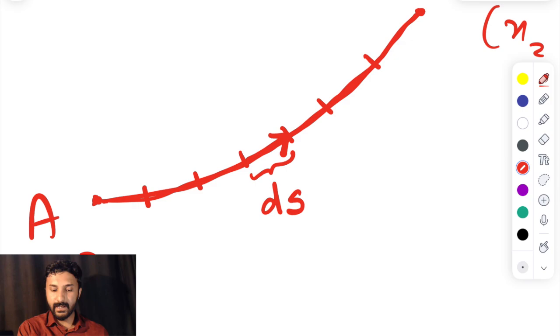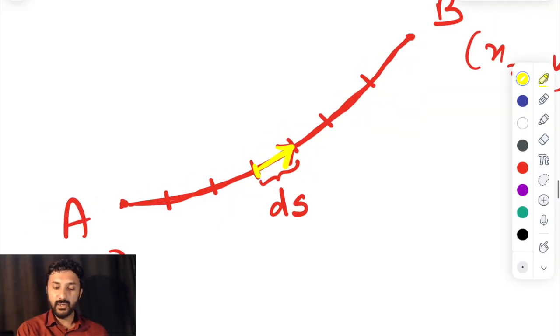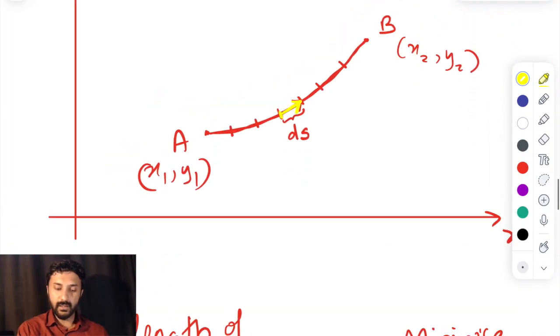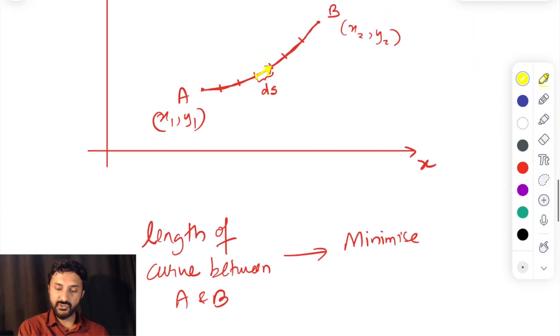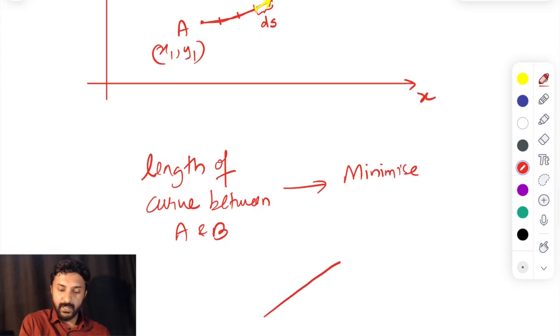If you think of it as a tiny displacement, you're going along the curve, and it's going to be a small displacement. So how can we represent this displacement using the x and y coordinates? Let me zoom in and draw a zoomed in version of that setup. So we have taken a small element ds, and we would like to know how to express this in terms of x and y coordinates.